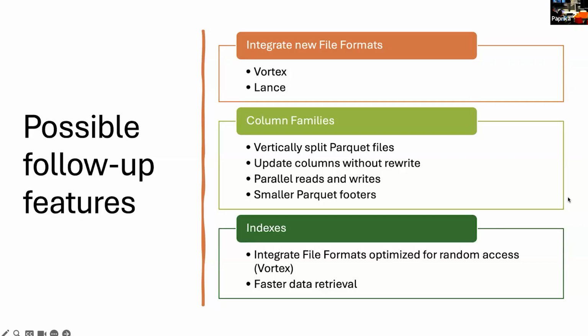In this case, if you want to update a single column, or a few columns for a very wide table, you don't have to rewrite the whole table. You just rewrite a single column and say, okay, this is the new file which you need to read for that column. And then you can create a reader using these interfaces, which will read and collect the row from the multiple readers.